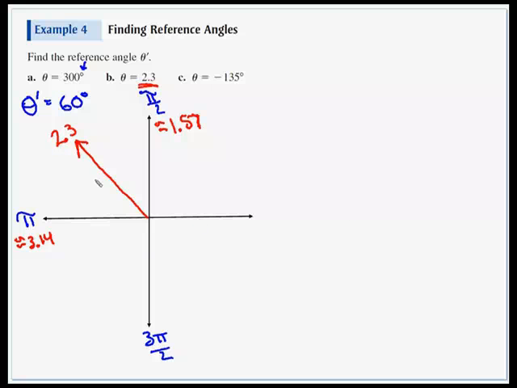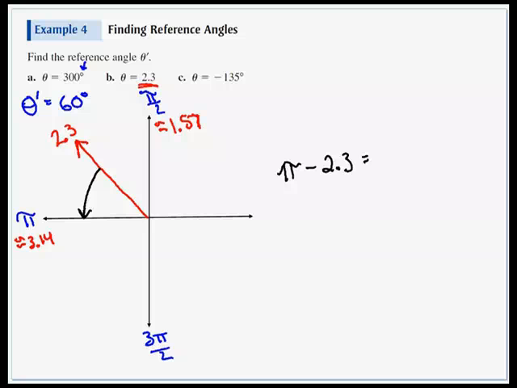And our reference angle, the shortest route back to the x-axis, would be this angle here. If we opened up 180 degrees, or pi radians, we would get back to the x-axis. So we want to do pi radians minus the angle that we have here to find our reference angle. So we want to find pi minus 2.3.